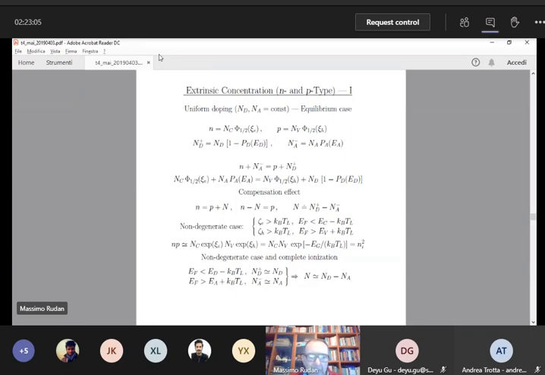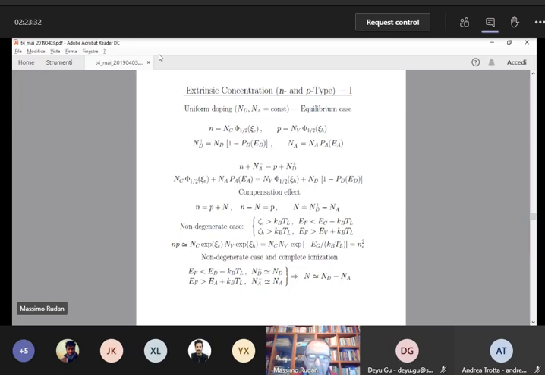If you calculate again the position of the Fermi level and you find out that the non-degeneracy condition applies, again you can use the exponentials. And again, you find that np, the product of the equilibrium concentrations, is equal to ni squared.